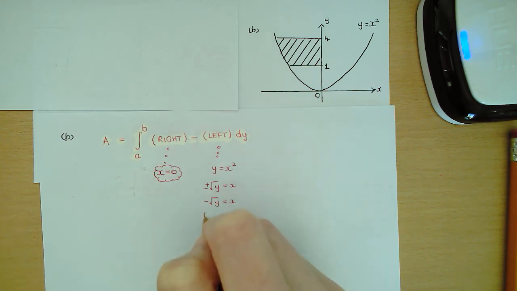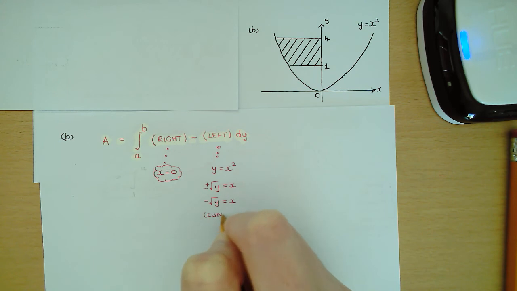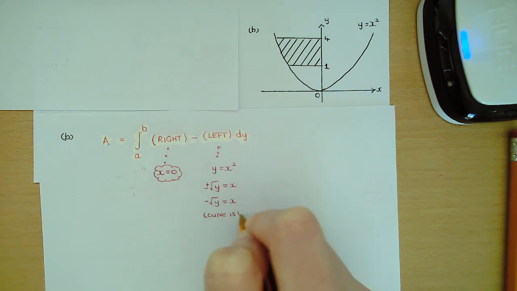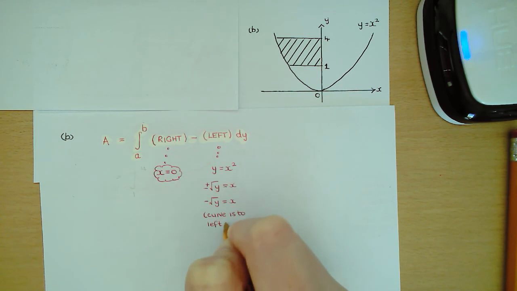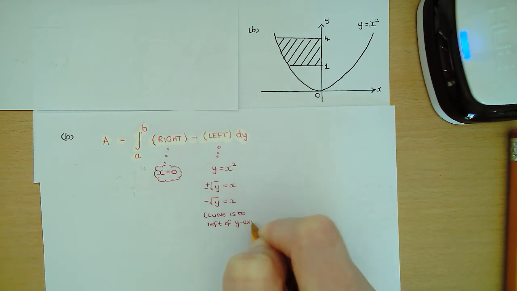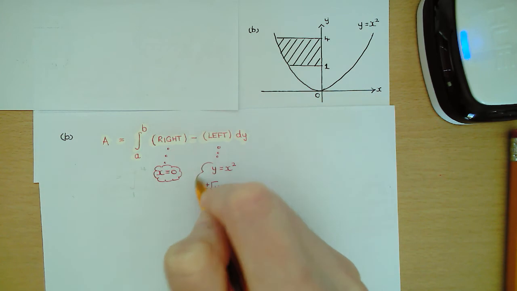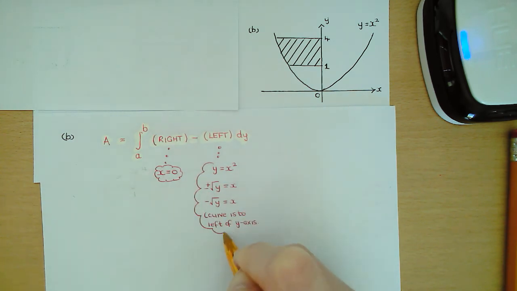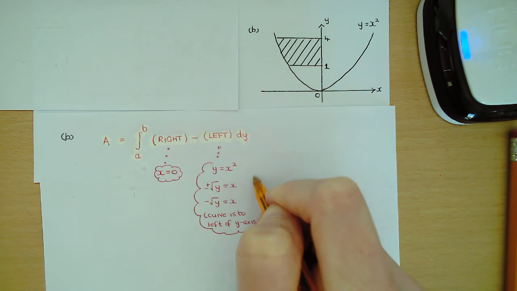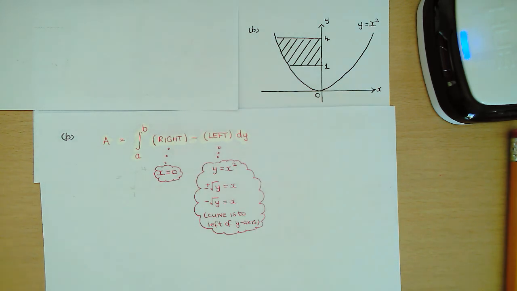That's because the curve is to the left of the y-axis. So we're now good to go and work out this area.